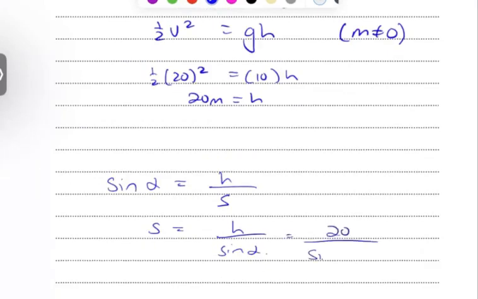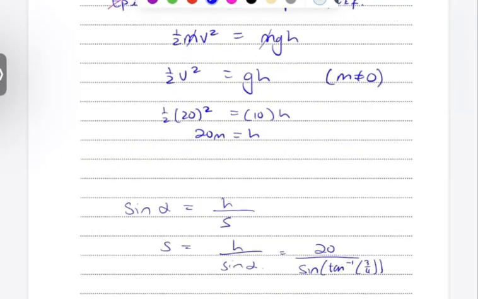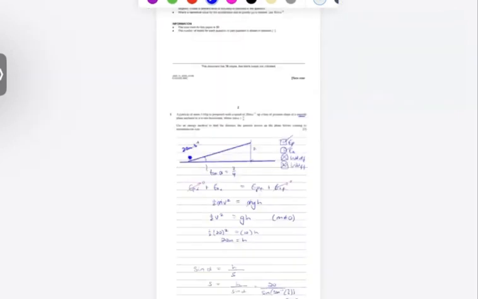And then I've got sine of the inverse of tan 3/4. Okay, my calculator must be in the correct mode. I just quickly need to change it from radians to degrees. So sine of the inverse of tan 3/4. And that gives me 100/3, or 33.3 meters.